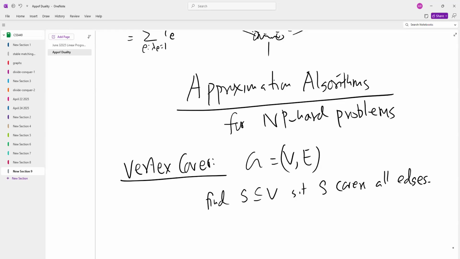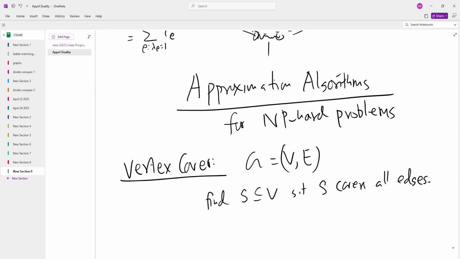But to find that, you have to spend a lot of time, right? And let's say you have a graph with 1,000 vertices. The optimal is 3, but the exact algorithm takes exponential time. But let's say I give you another algorithm that says that, okay, if the optimal is 3, I can guarantee that my solution is not going to be worse than 6 or double.